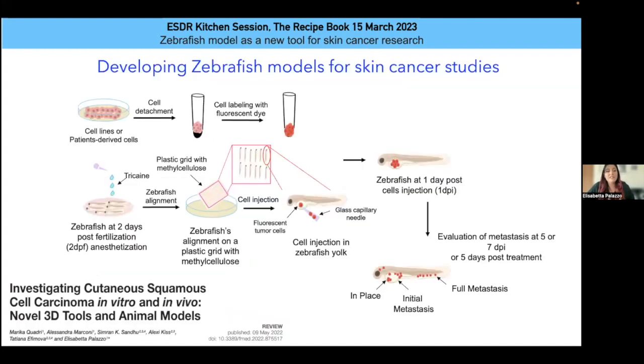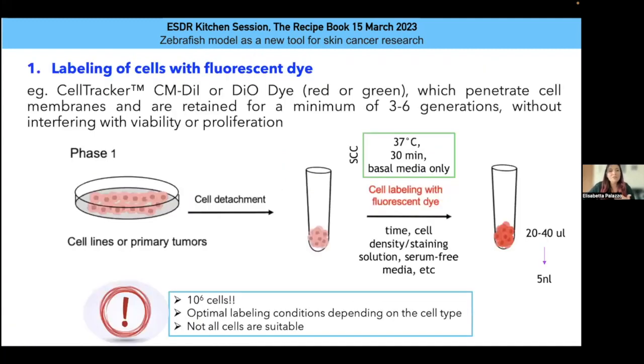Here you can see the protocol that our lab uses for obtaining a good labeling of skin cancer cells. We're going to see this protocol in detail. Let me move this to this side.